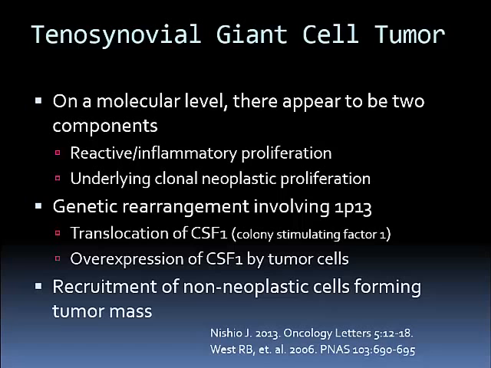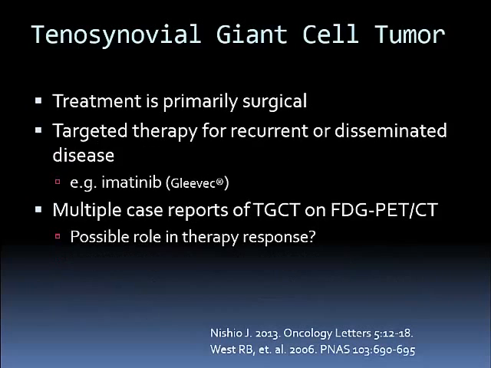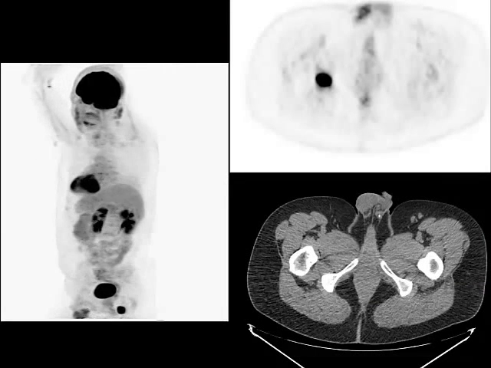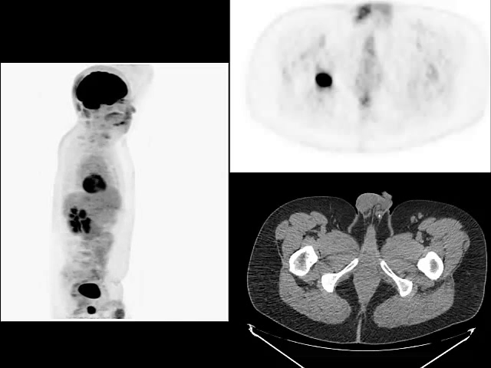There are other tumors that are falling under these lines, including things like Castleman's disease, Rosai-Dorfman, giant cell tumor. These are all things that it's looking like are going to turn out to be malignancies that have long been thought to be benign conditions. Still in all, the treatment of these is primarily surgical, but targeted therapy is used for recurrent or disseminated disease.